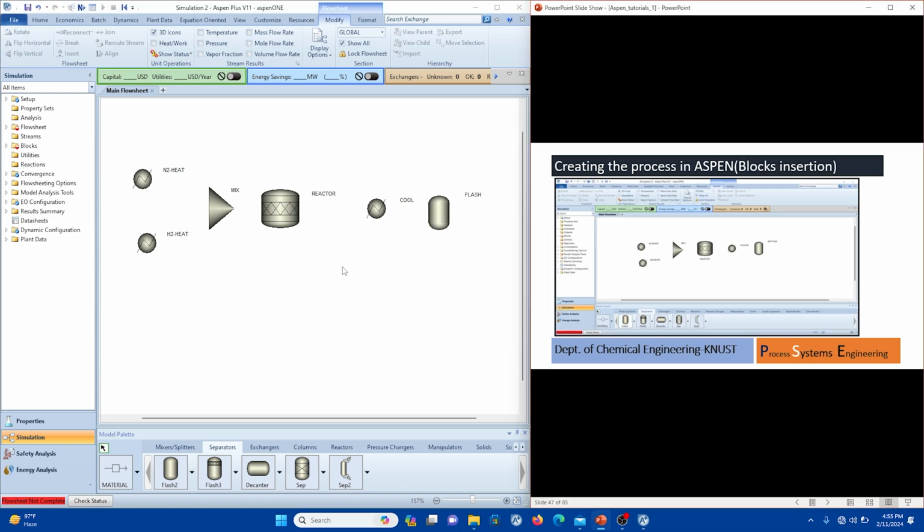At this point, I have my unit operations or my flow sheet almost set.